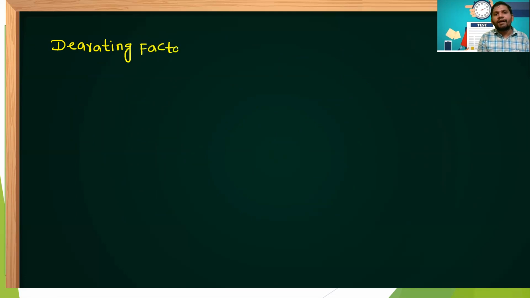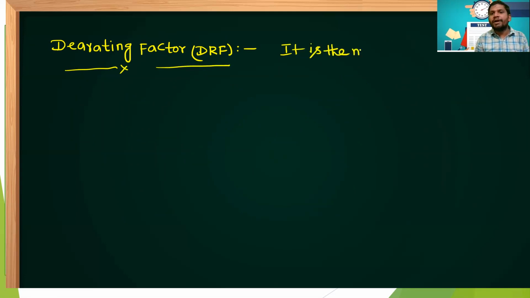The derating factor DRF is the measure of reliability of the string. Given string is how much reliable is measured by the derating factor.